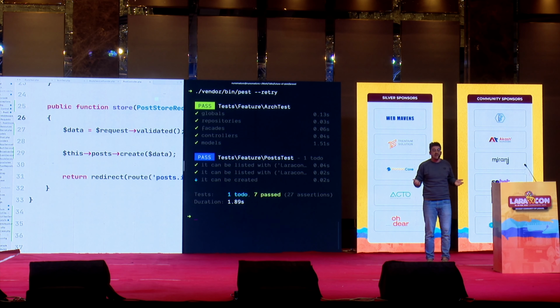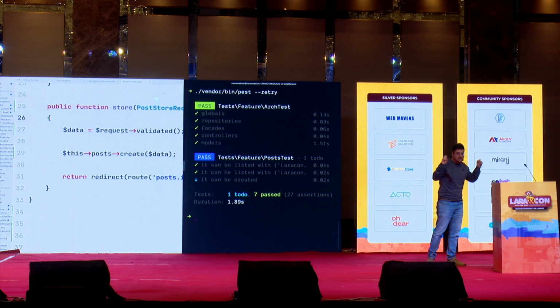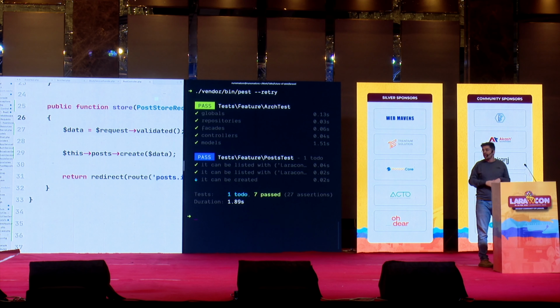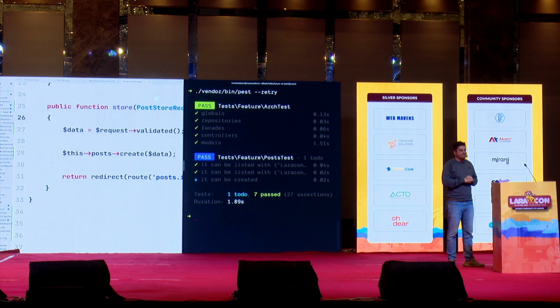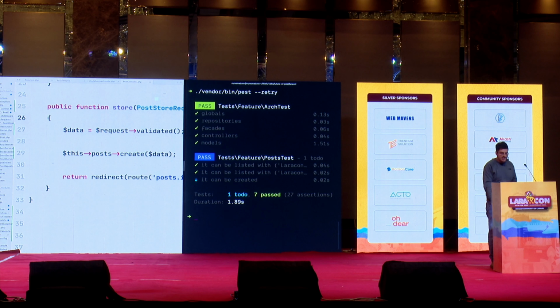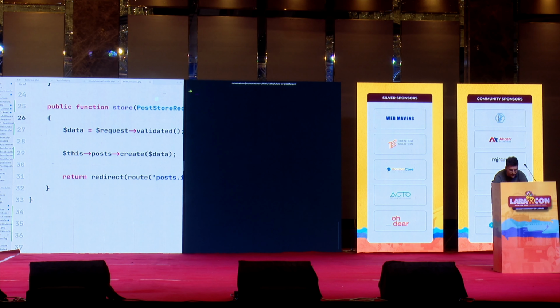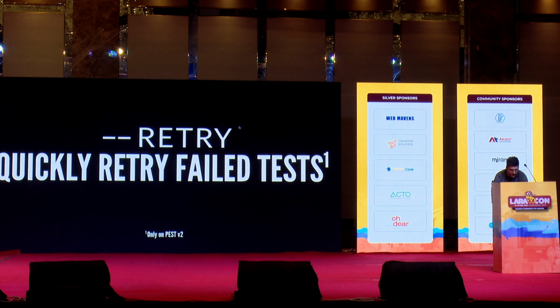And then Pest understands, well, the guy probably fixed the problem, I can just move forward, and I get to see the entire test suite. So it's a really nice quality of life improvement that I think you would really like. At least I'm already using it and it's pretty cool. So let's clear the terminal and move to other stuff.